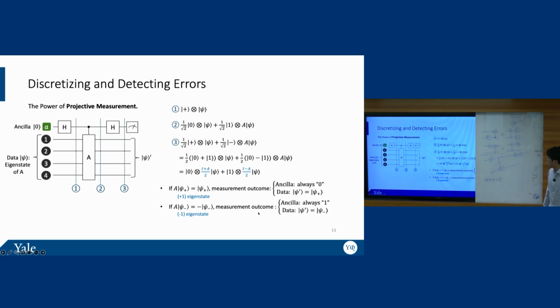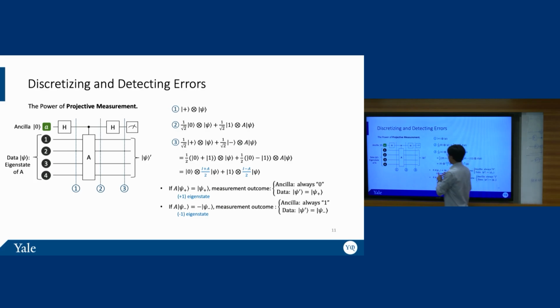All right, so this is a general framework for constructing an error detecting circuit. All we need to do is follow this recipe, but of course we have to define our encoded quantum states into some kind of eigenstates of my Pauli operator A, so that the action of this projective measurement is to either project into the +1 eigenstates or the -1 eigenstates of the operation.